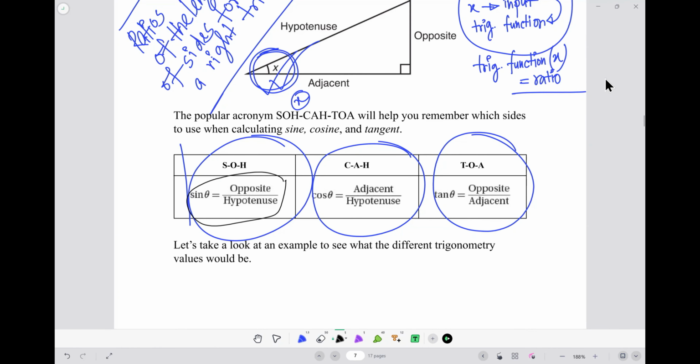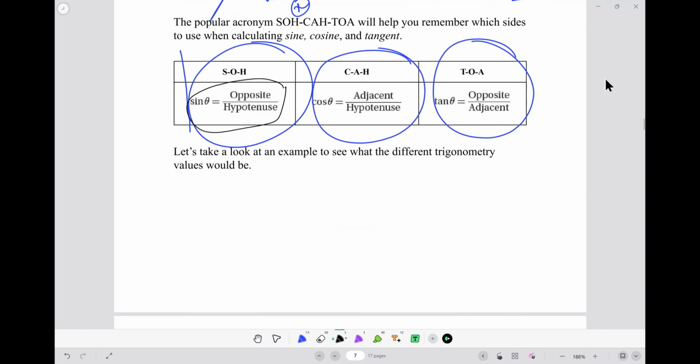For a given right triangle, for this very right triangle, if we want to find the sine of theta, this is our theta, we just want to find sine theta.